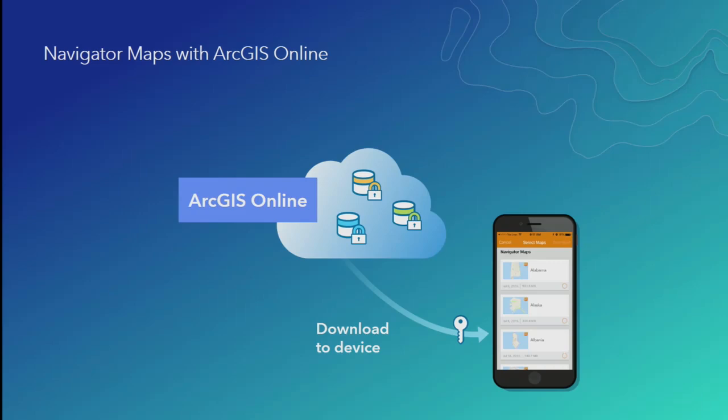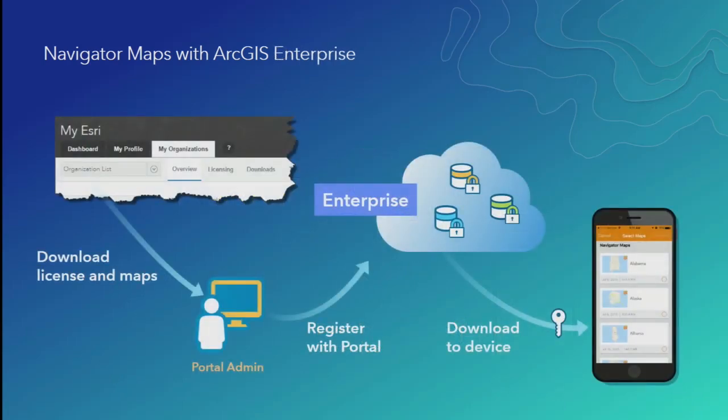Many of you may deploy Portal or ArcGIS Enterprise, the on-premises version of ArcGIS Online. Navigator is supported with ArcGIS Enterprise. To do that, there's just one extra configuration step. You need to get the navigation maps from Esri, and as an administrator of your organization, you need to register those maps with ArcGIS Enterprise.